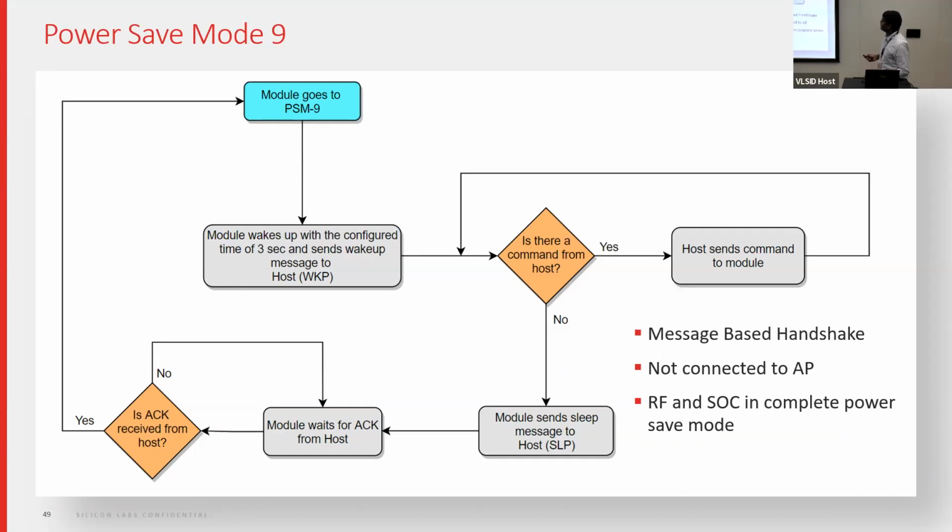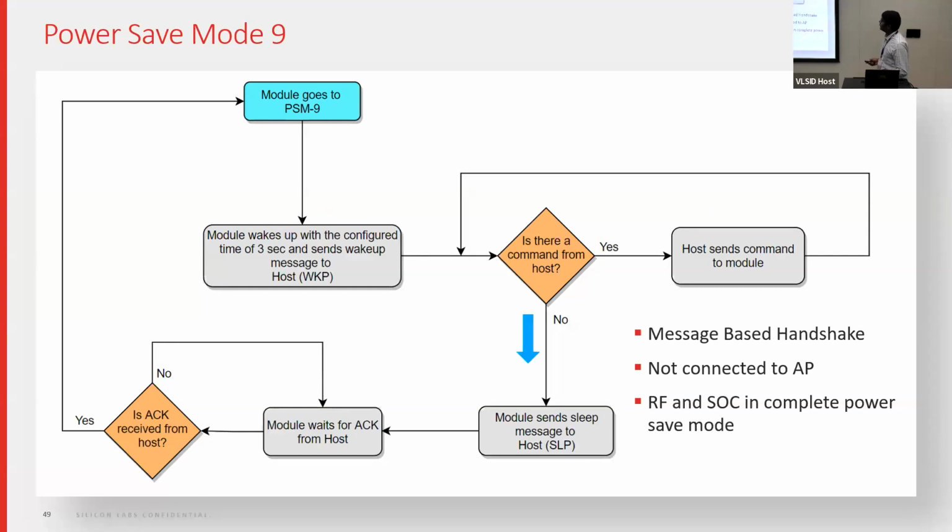If there is a command, the host sends it to the module, and this process repeats until no commands remain. If there is no command from the host, the module sends a sleep message to the host and waits for the ACK from the host. Once it receives it, it goes back to power save mode. If it doesn't get any ACK, it waits for commands from the host.